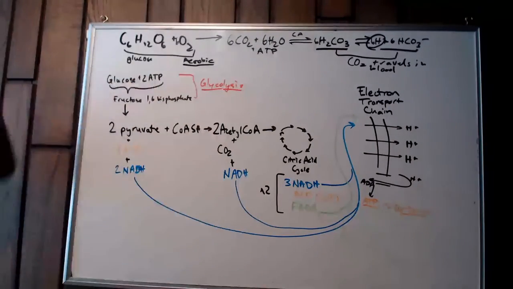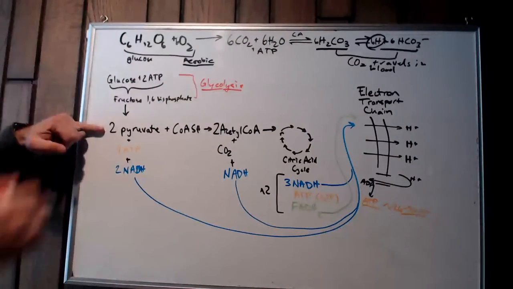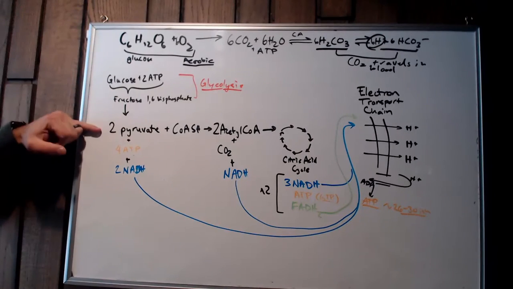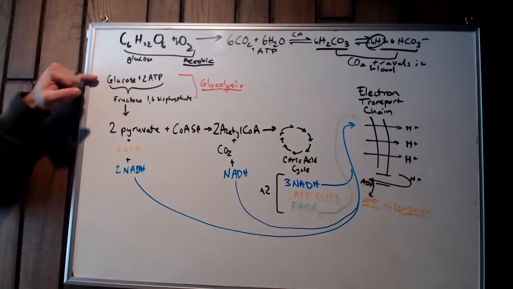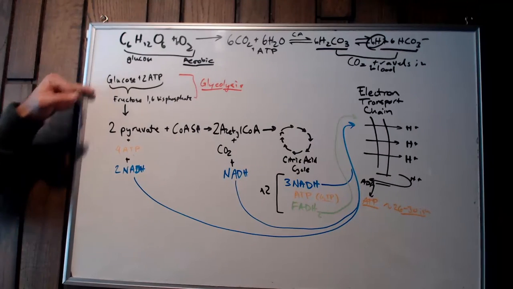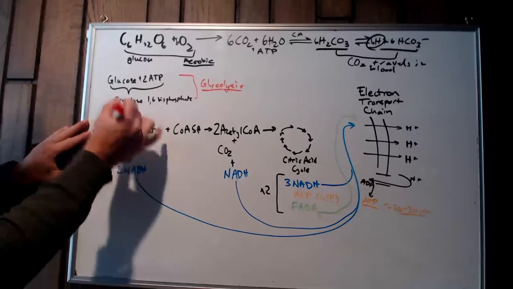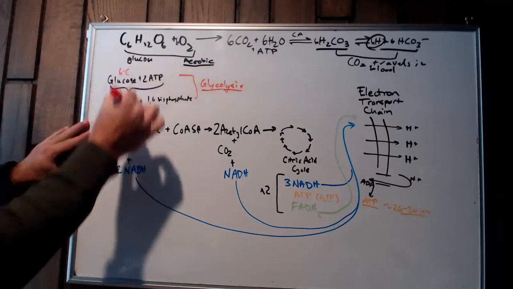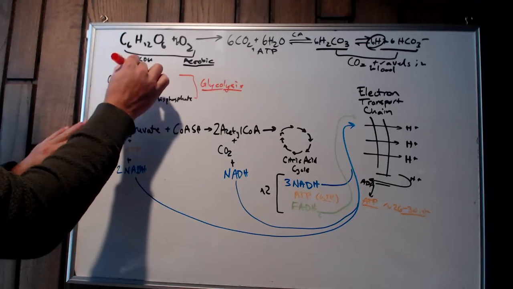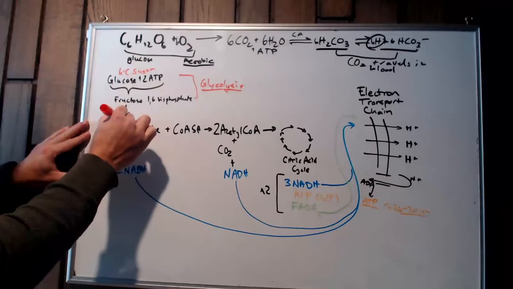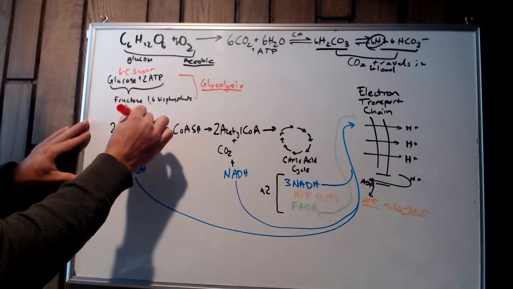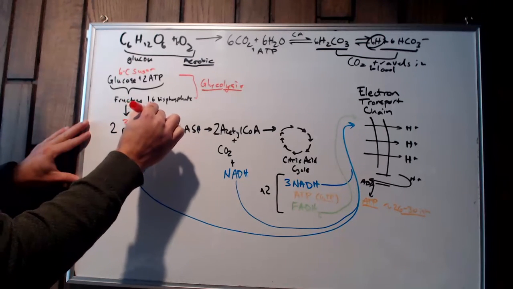So when we're talking about actual glycolysis, really that's just this first bit, going into 2 pyruvate. So taking a glucose, which is a 6-carbon sugar, and making it into pyruvate, which is a 3-carbon sugar. So 6-carbon sugar into 3-carbon sugar.